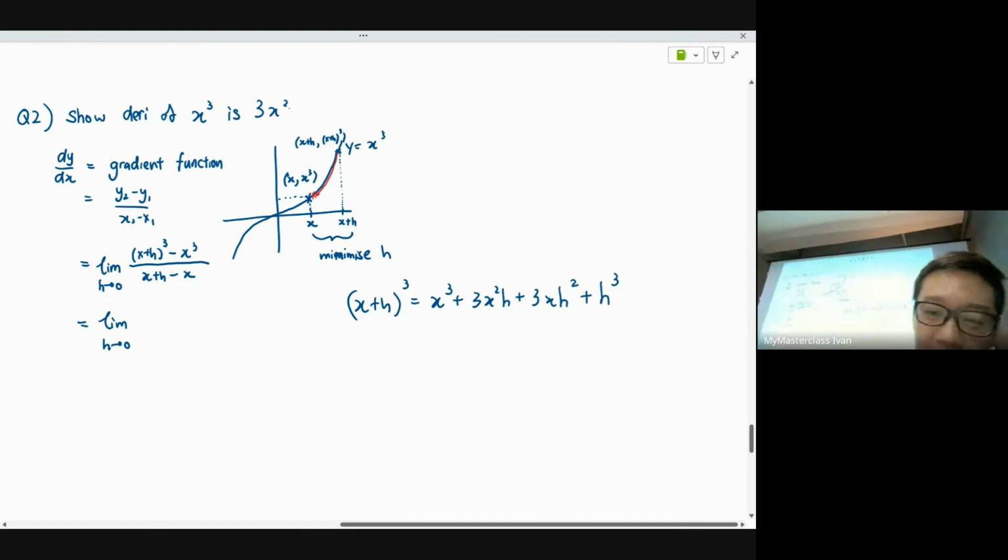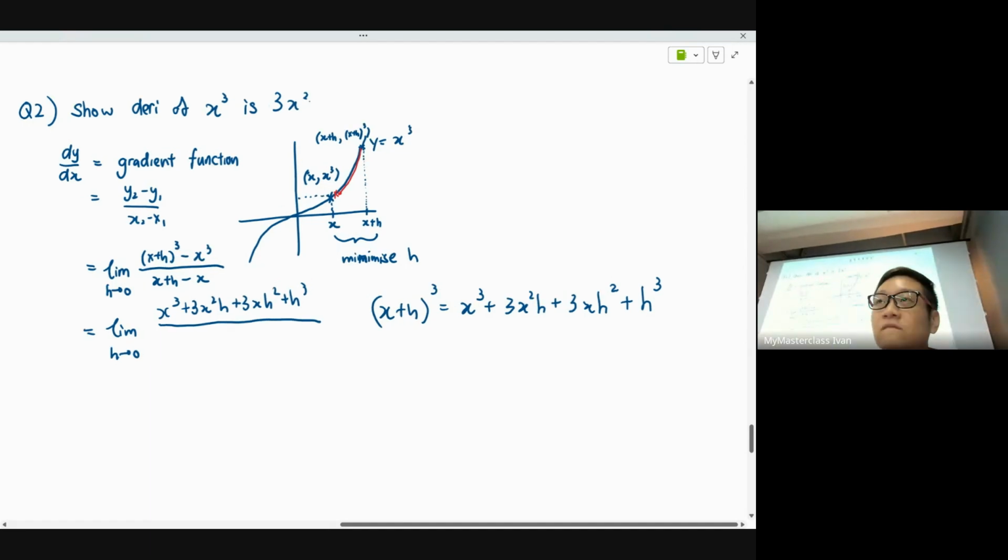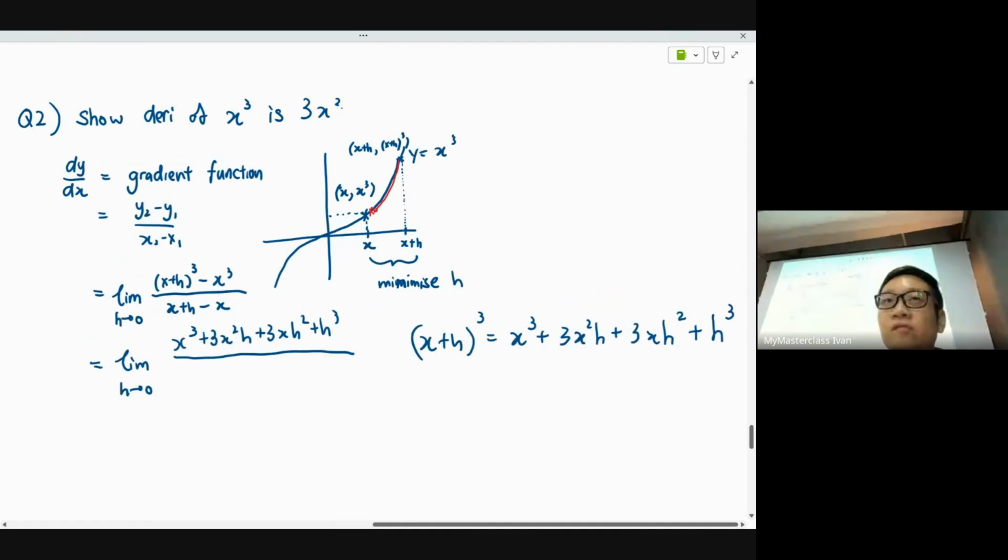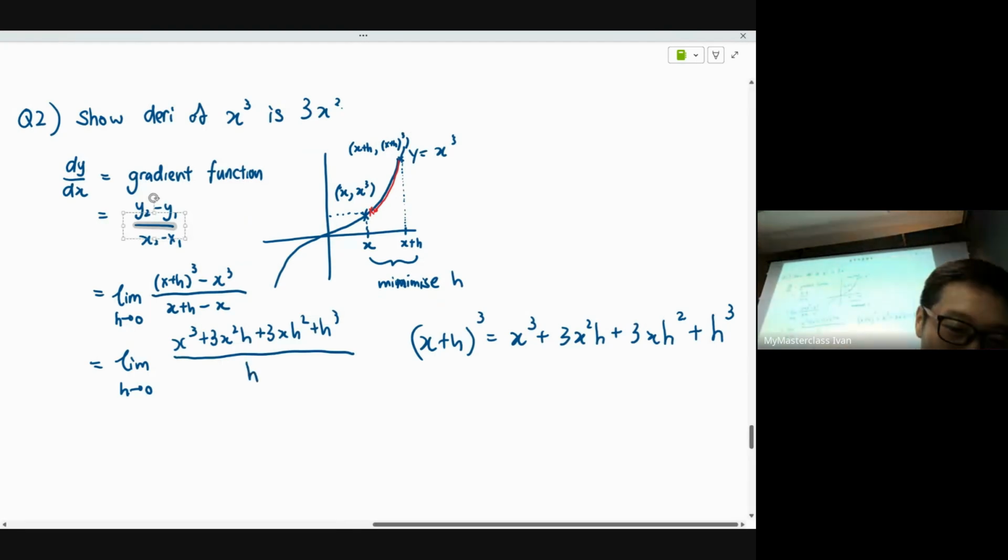Okay, so this I'm using binomial. Of course, you can just expand it slowly yourself. x cubed plus 3x squared h plus 3xh squared plus h cubed over the denominator becomes what? x plus h minus x, h. Okay, the limit is still there, h approaches 0.